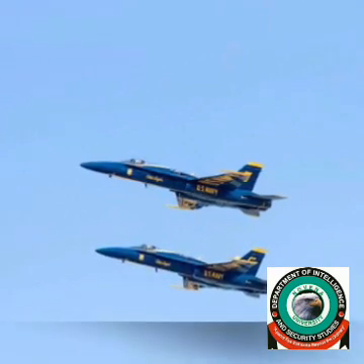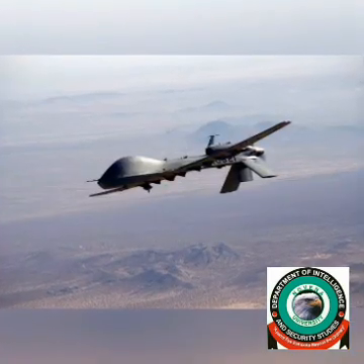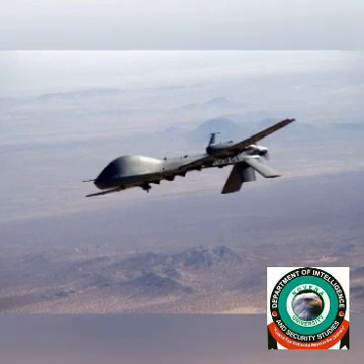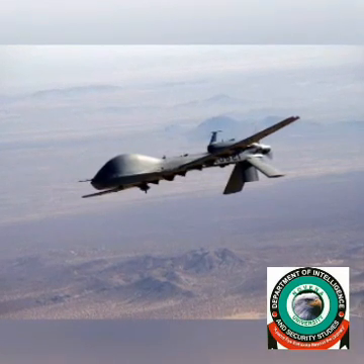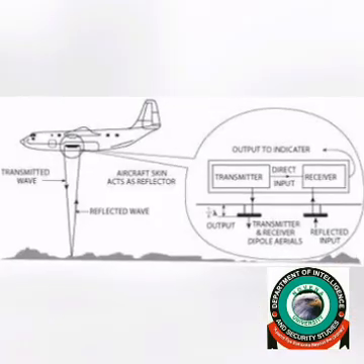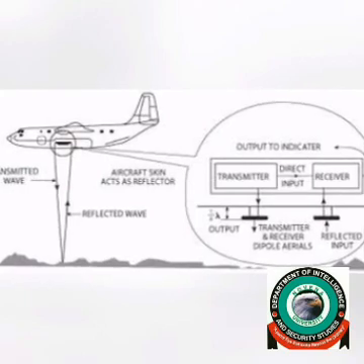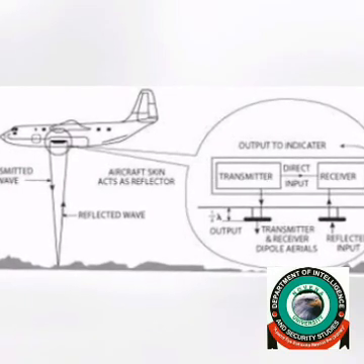So radar altimeters, radio detection and ranging, would use radio frequencies and radio ranges to give you the exact distance between one object and the other.